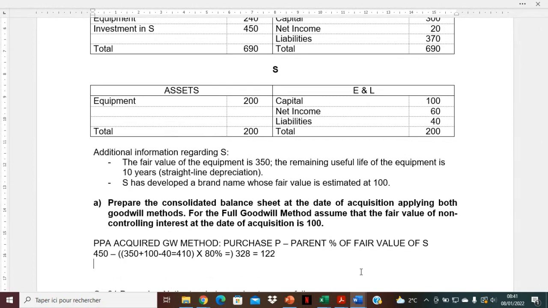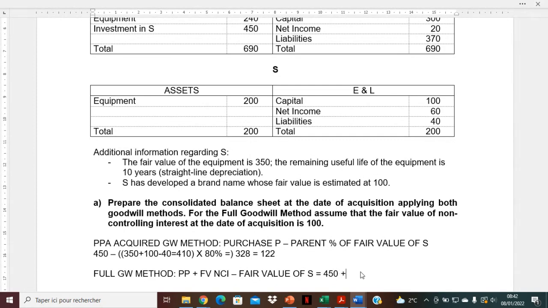Okay. Then let's do immediately the full goodwill method. The full goodwill method is the purchase price plus the fair value of non-controlling interest minus the fair value, and this time 100% of the fair value of the subsidiary. So we did already the calculations. The purchase price is 450.